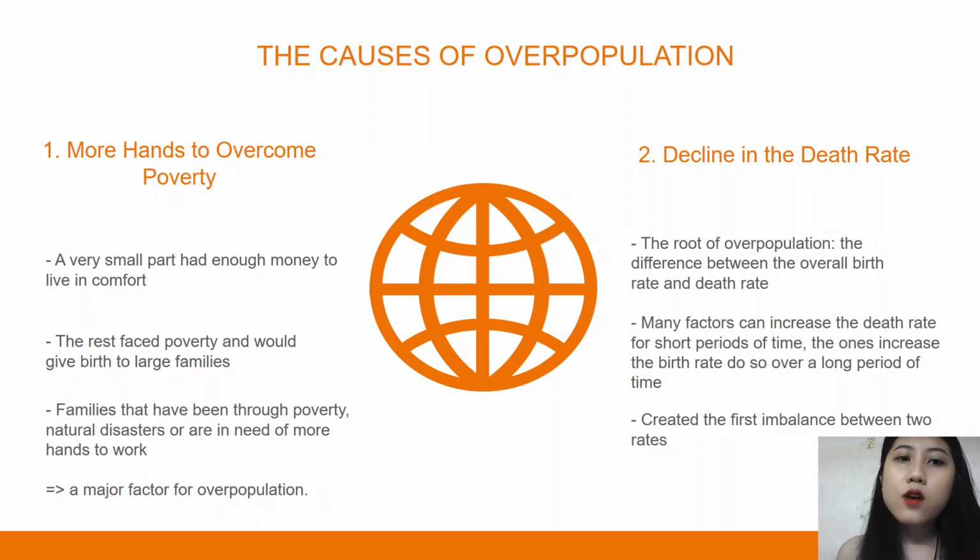Talking about overpopulation shows that while there are many factors that can increase the death rate for short periods of time, the ones that increase the birth rate do so over a long period of time. The discovery of agriculture by our ancestors was one factor that provided them with the ability to sustain their nutrition without hunting. This created the first imbalance between the two rates.